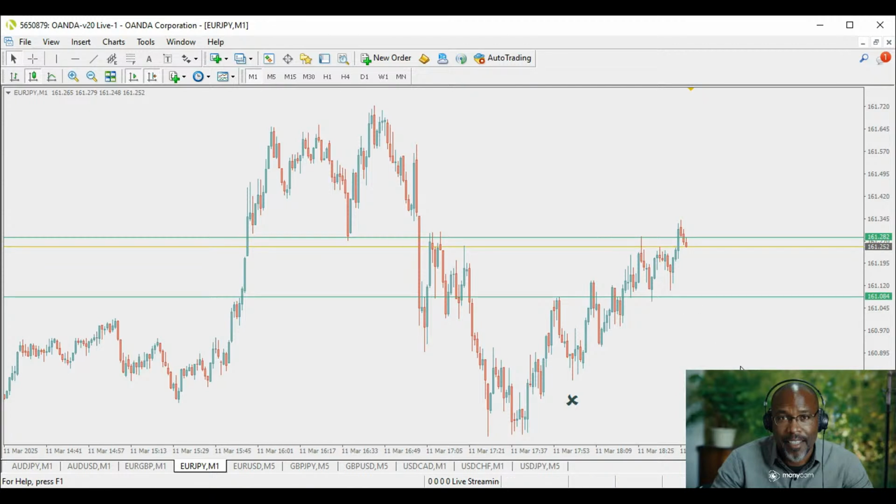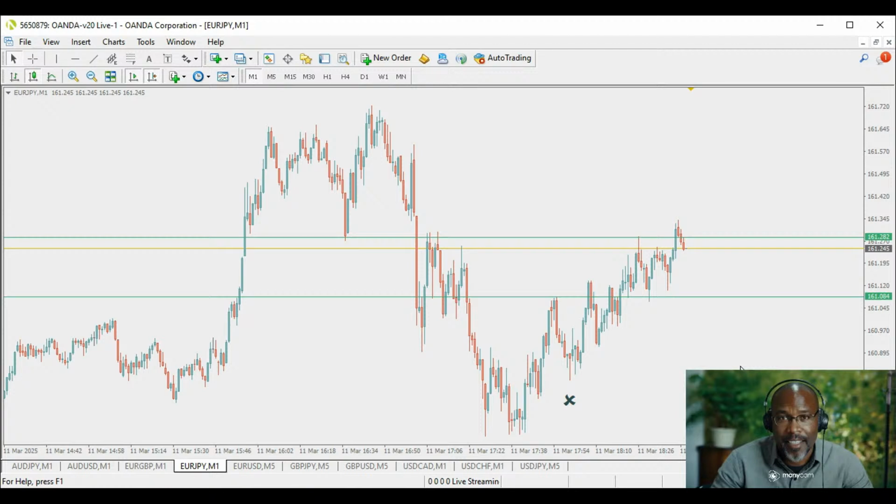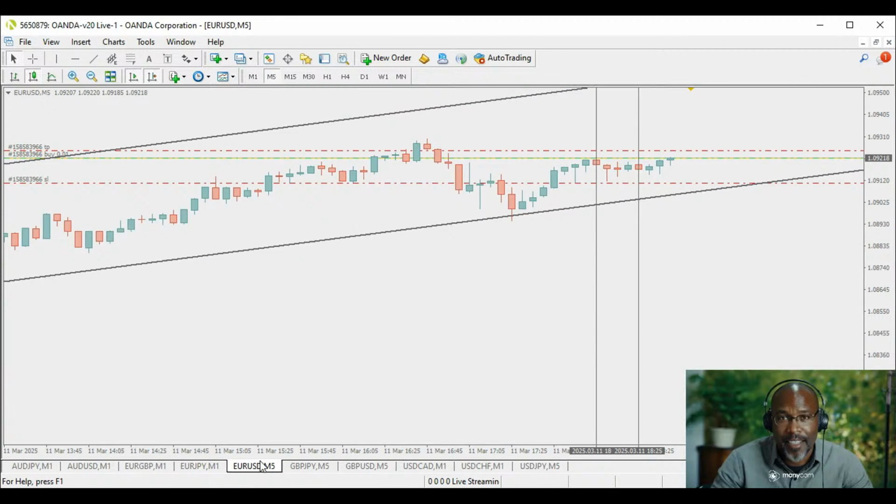The euro dollar, Japanese yen. It's already been established the euro dollar, US dollar is going virtually nowhere.